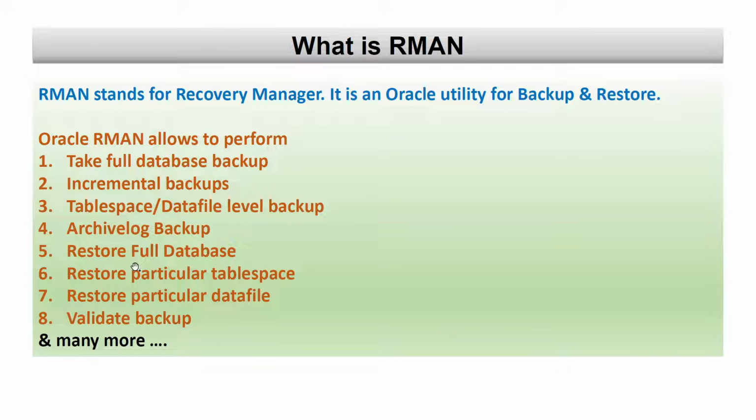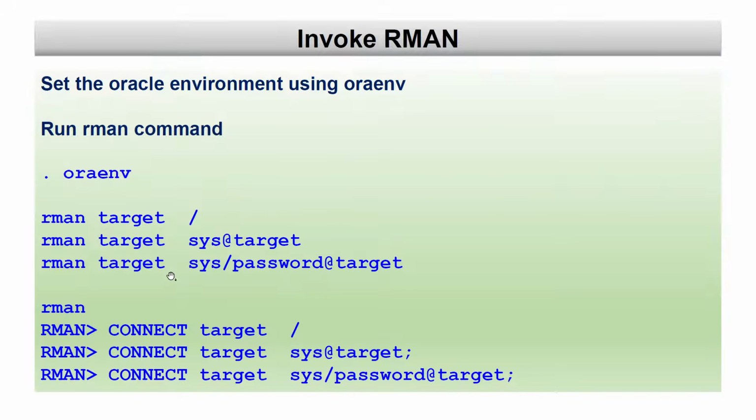My intention in this video is to cover multiple backup and restore scenarios so that you are familiar and able to recover your database within no time. So let's proceed with understanding how to invoke RMAN.